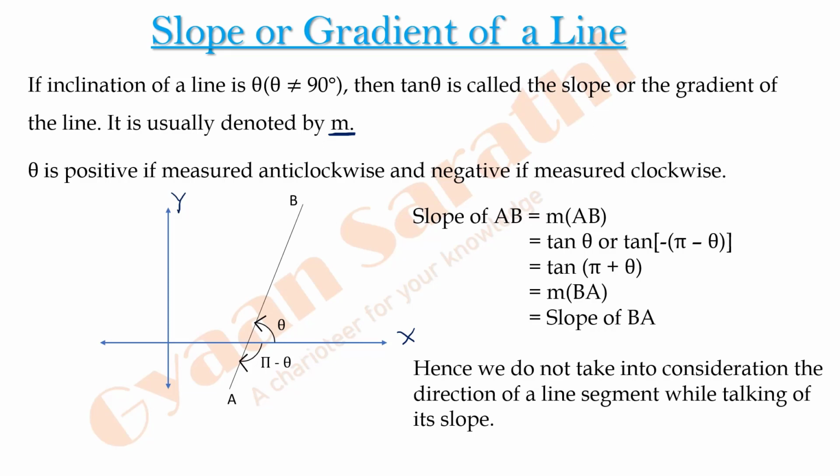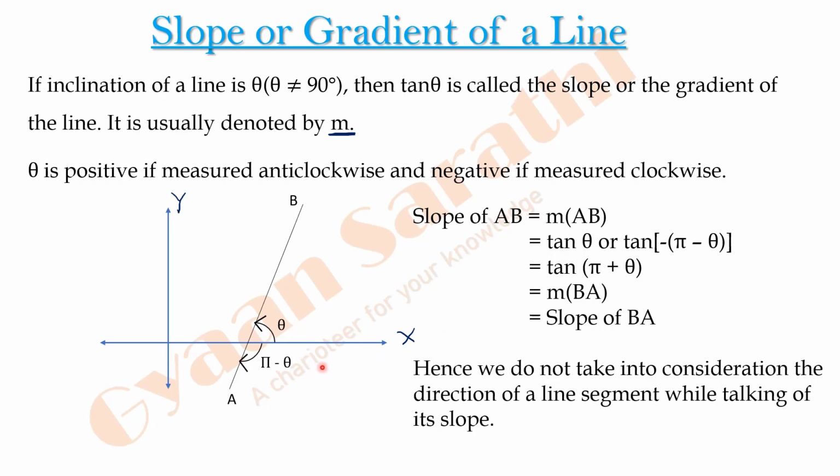So we see here the angle made by this line AB with the x-axis in the clockwise and the anti-clockwise direction. In the anti-clockwise sense, the angle made with the x-axis is theta, but in the clockwise sense, the angle made by the line AB is pi minus theta. So when we consider the anti-clockwise angle, we get tan theta, which gives us the slope of the line AB.